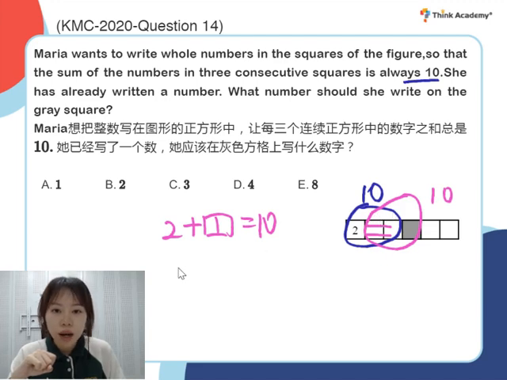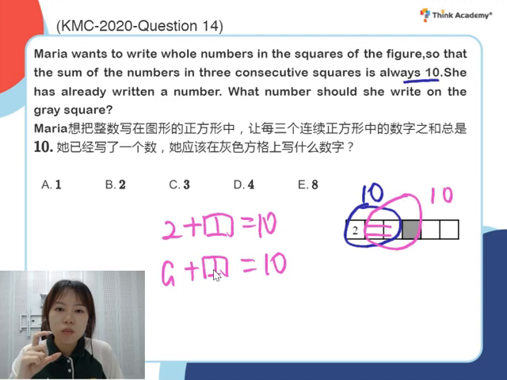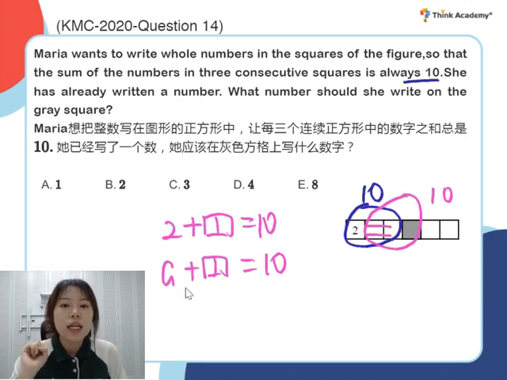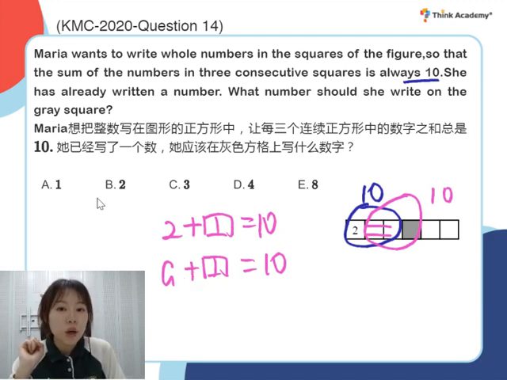And in this pink one, the gray square plus this 2 equals 10. These two blank squares are the same, and the answer is the same. Are they the same? Very good. The 2 and the gray square are also the same. So it should be option B. Very good. So we solve it cleverly without finding the answer for each square.